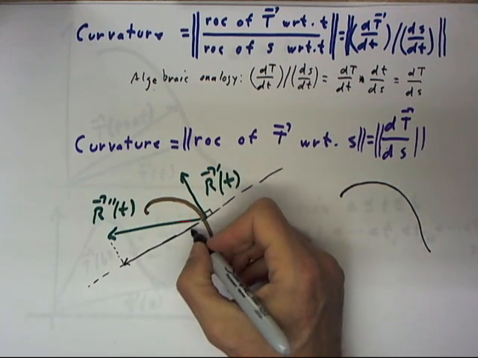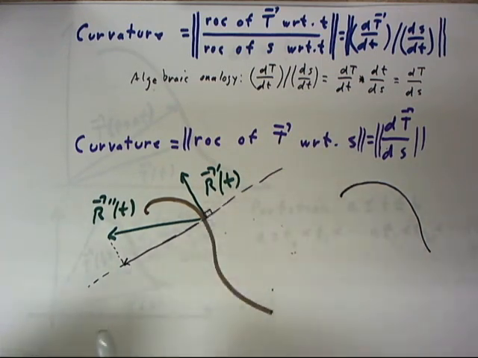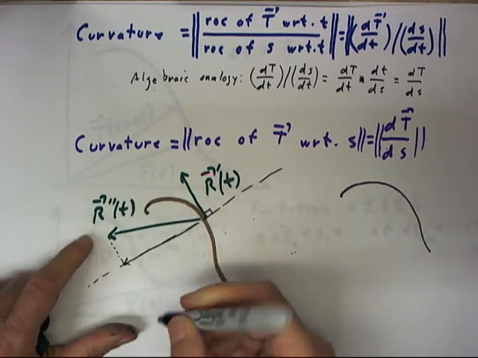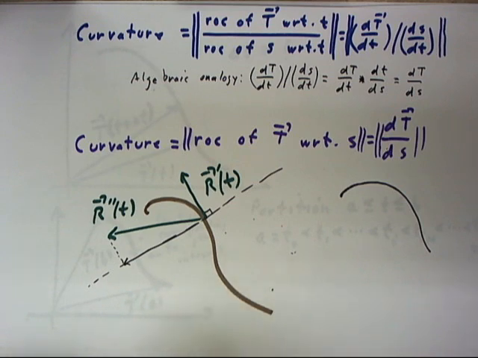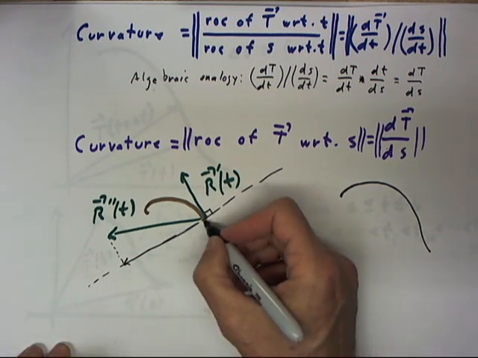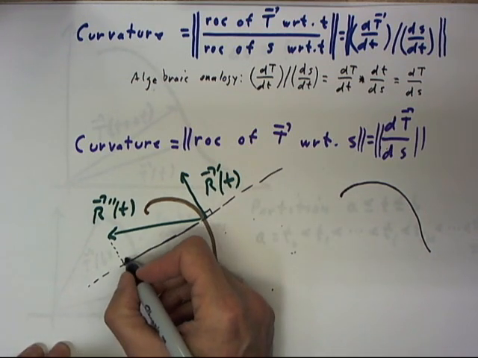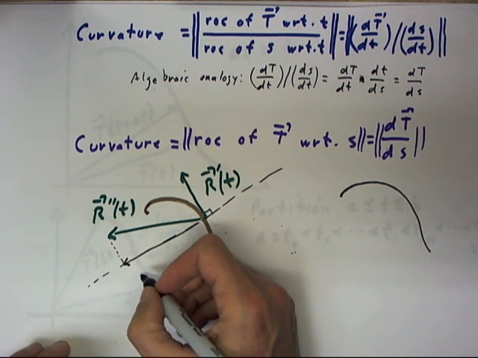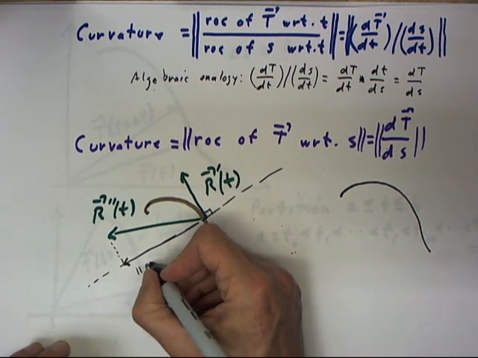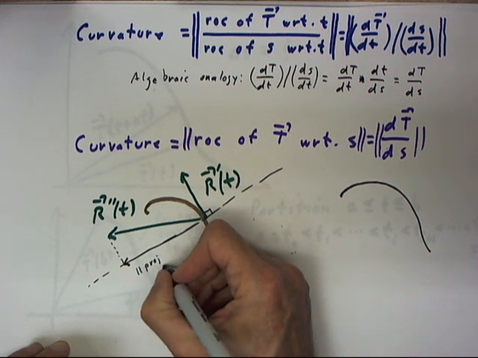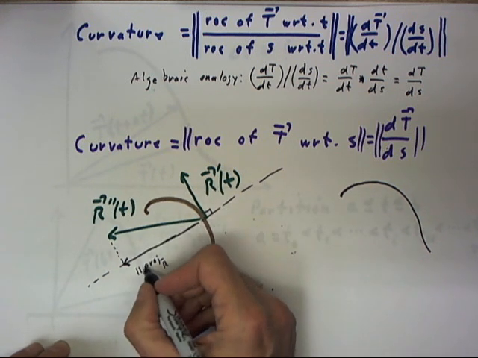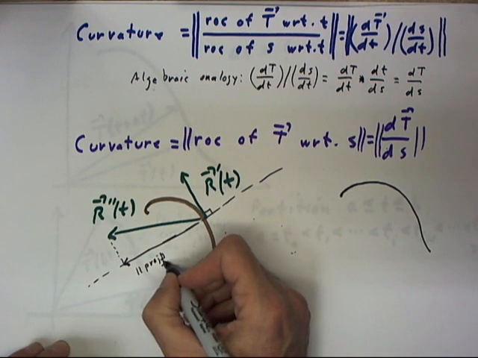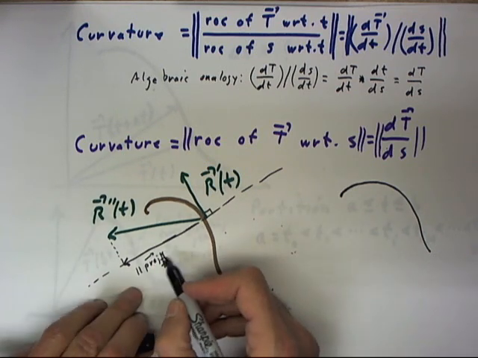Okay, so what is this vector? Well, this vector is related to this vector and this vector. It's just the projection of this vector in a direction perpendicular to this vector. Okay, we've got a projection vector.